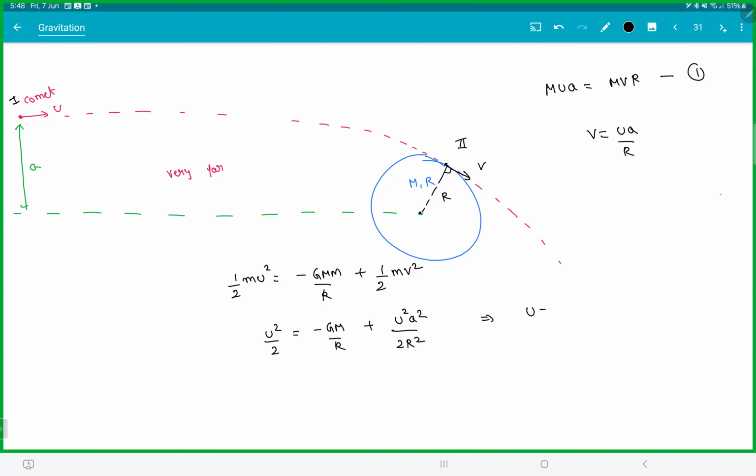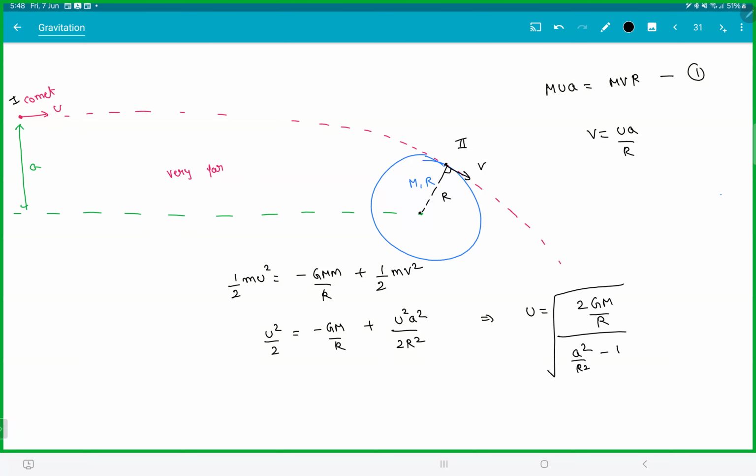So you end up with u equal to root of 2gm by r divided by root of a square by r square minus 1, something like this. You can simplify it further.